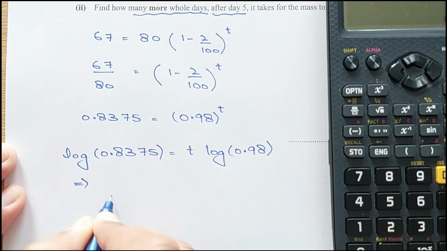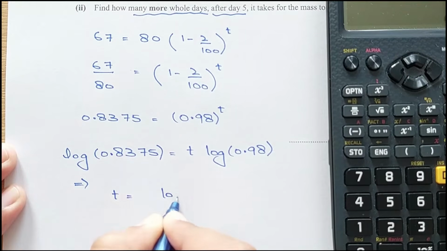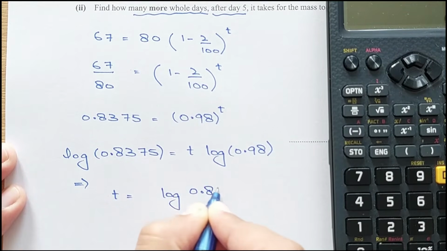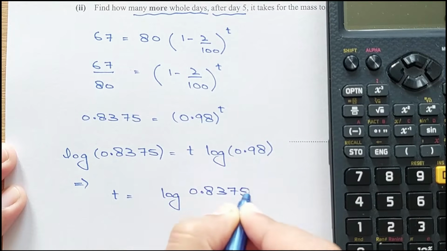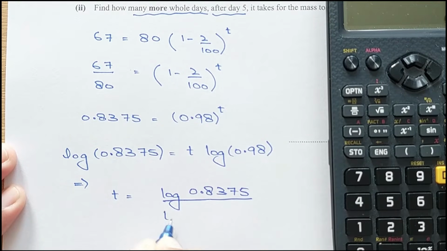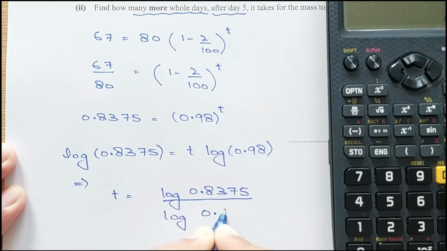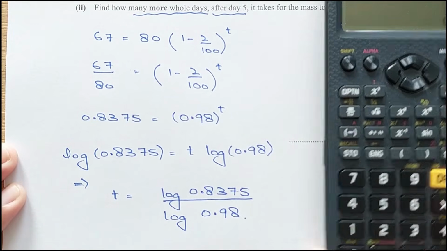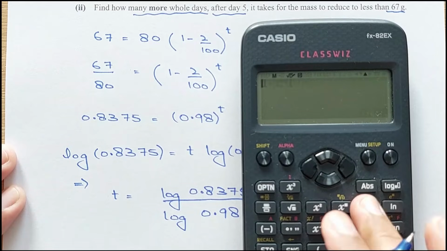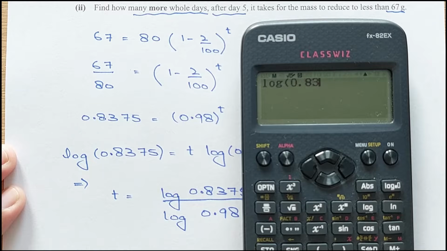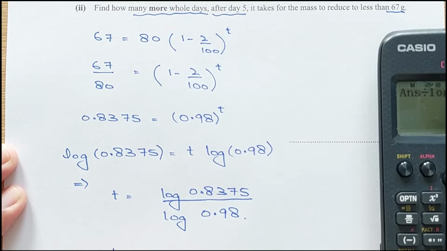And from here t, the number of days, is log of 0.8375 divided by log of 0.98. Right, now let me find the log. Log 0.8375 divided by log 0.98. This is 8.7. So t equals 8.7 days.